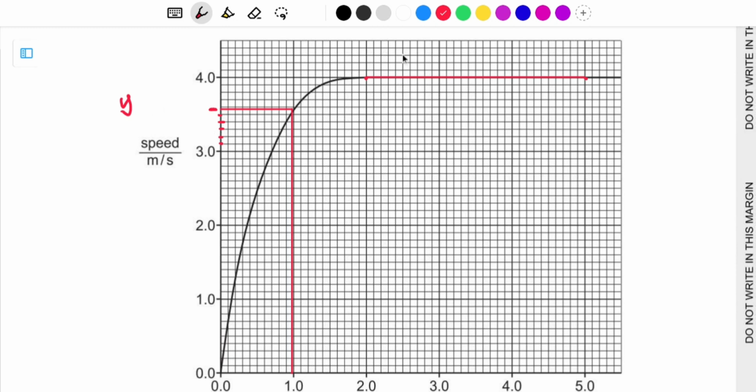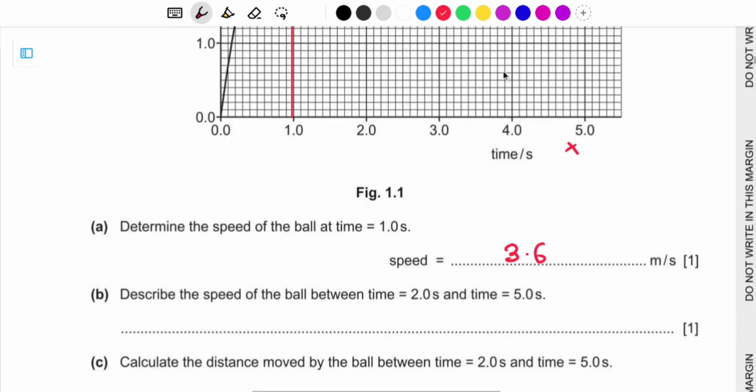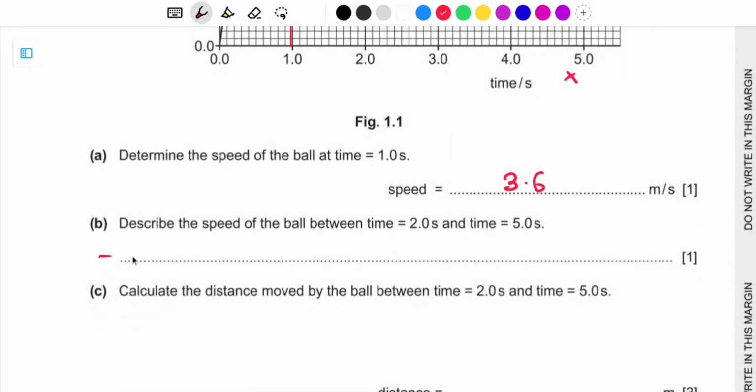If the curve is straight, it means the ball is falling at a constant speed. So in terms of description, we're going to say the ball was falling at a constant speed. Then we are done.